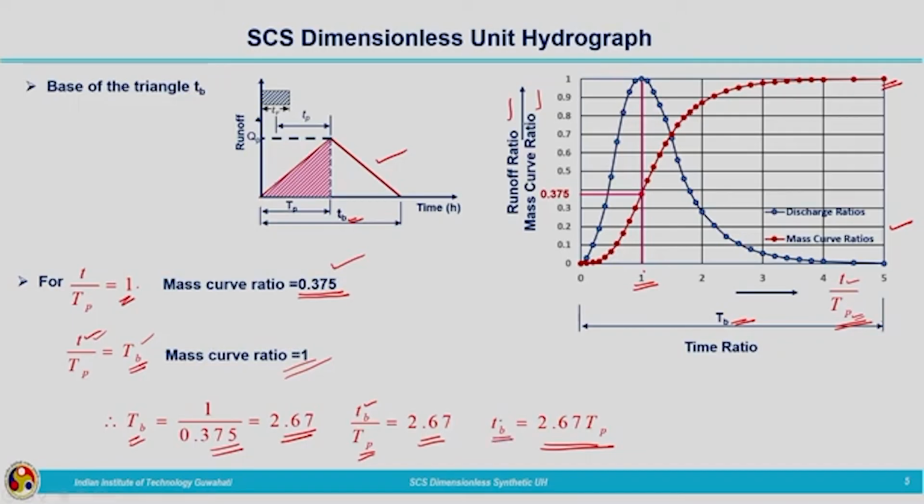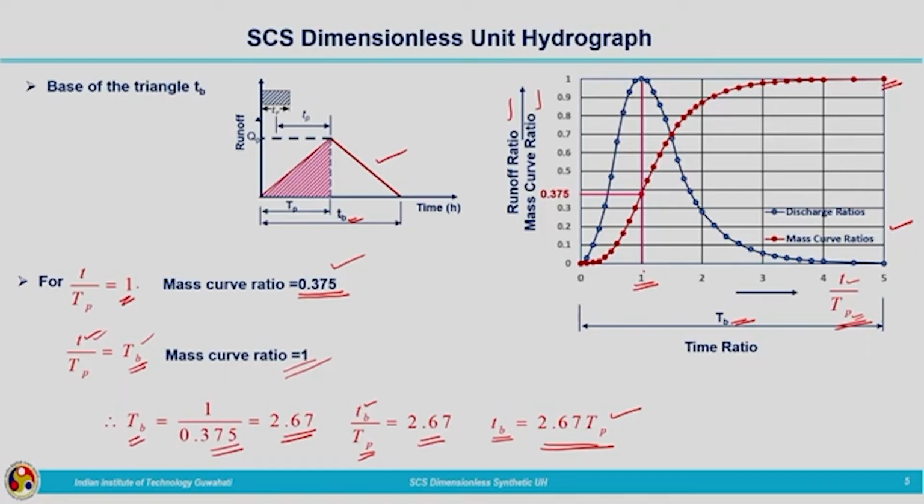The time base of the triangular unit hydrograph can be calculated by using this relationship, that is 2.67 Tp. This is derived based on the concept of the mass curve, that is corresponding to peak runoff, the peak discharge of the unit hydrograph, that is when T by Tp is equal to 1.